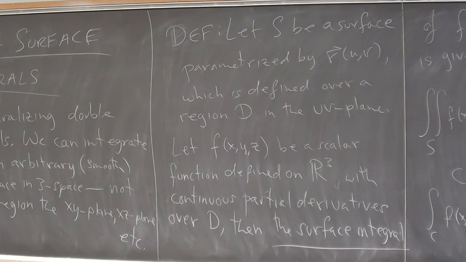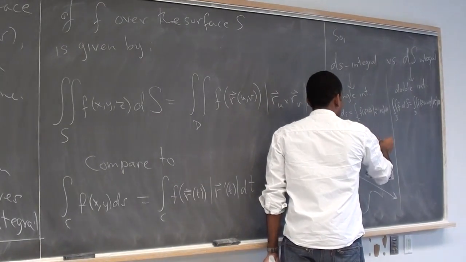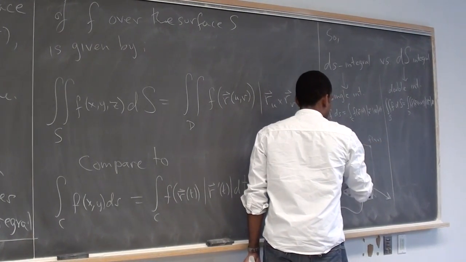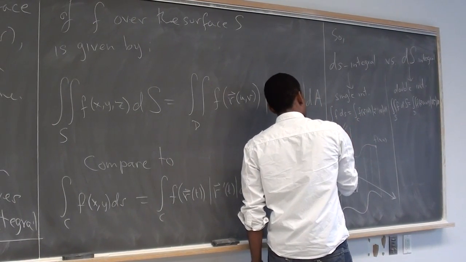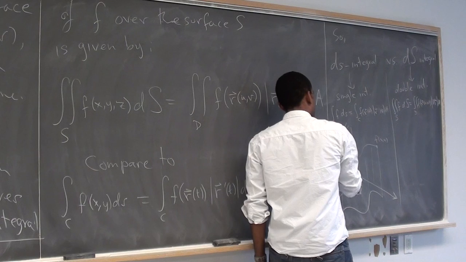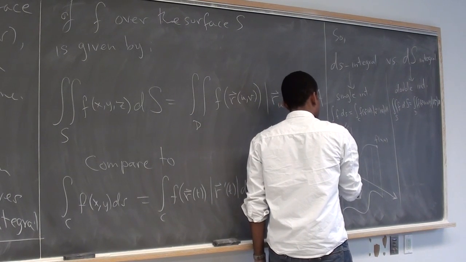This guy here, if you want a concrete interpretation, there's a random curve in the plane, and there's a function f of x, y, right? This gives you the height of the fence. Then this guy is equal to the area of one side of the fence.